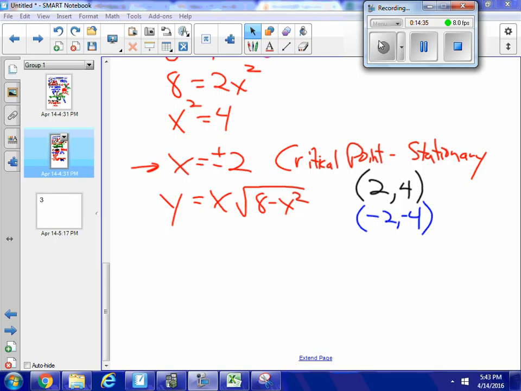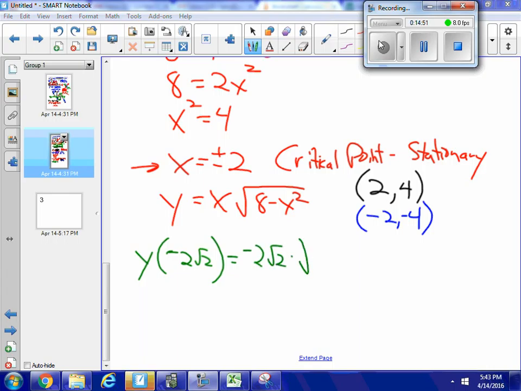And while I'm at it, I may as well find the y values of my endpoints. So what is y of negative 2 radical 2? Well, that's going to be negative 2 radical 2 times the square root of 8 minus 2 radical 2 squared.